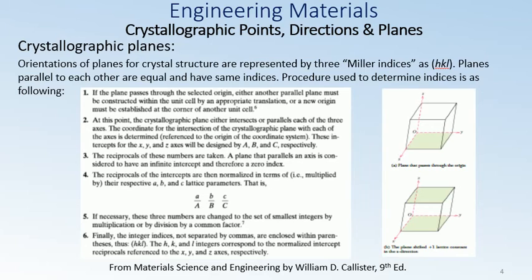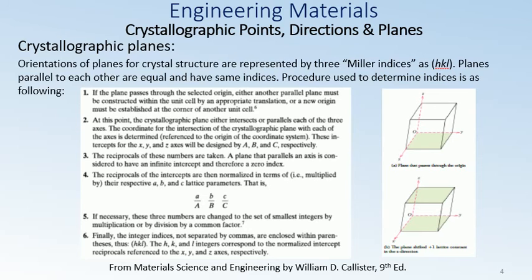So the coordinates for this plane will be infinity along the x-axis, infinity along the y-axis, and 1 along the z-axis. Now you need to invert: 1 over infinity, 1 over infinity, and 1 over 1.